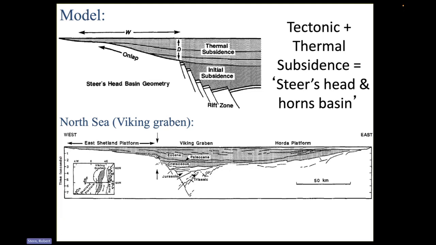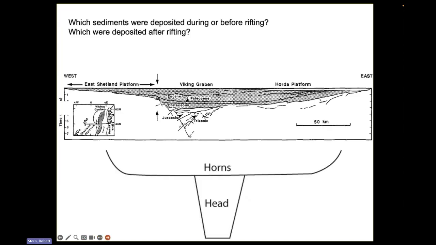And this is what he worked out, basically using the ideas that we've been talking about, beta and tectonic subsidence and things like that. But that's where the Steerhead Basin came from.